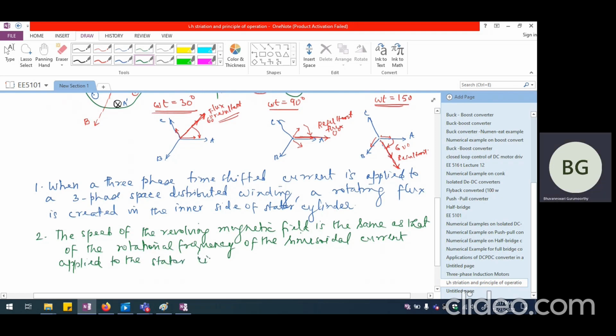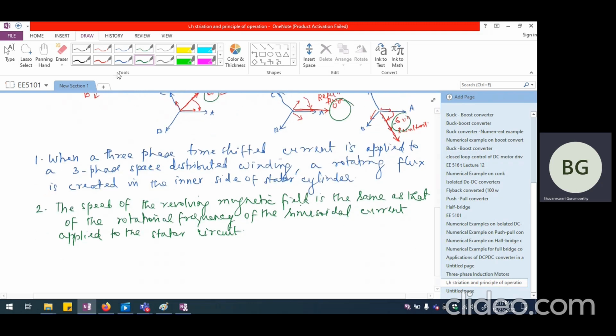So we said that when the sinusoid has traversed from 0 to 30 degree to 90 degree and 90 degree to 150 degree, the rotating flux also moved from 60 degree position to 0 degree position, and from 0 degree position to minus 60 degree position. So we could see that the rotational velocity of the flux is determined by the frequency of the applied voltage or current.